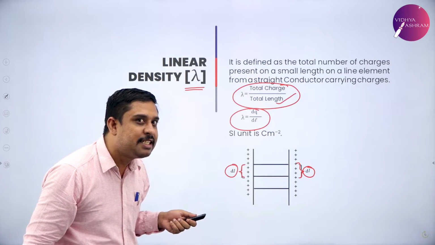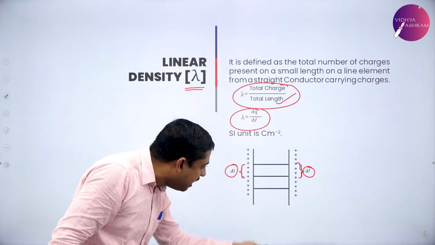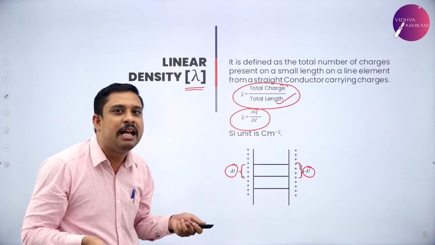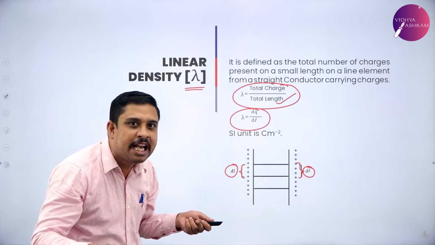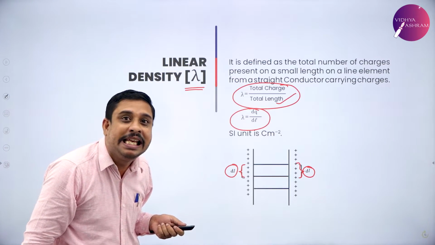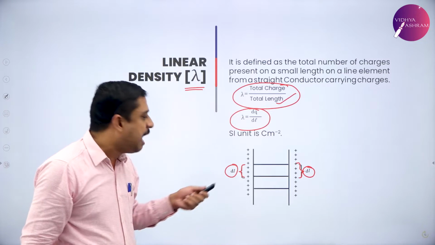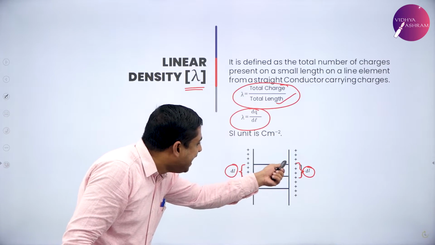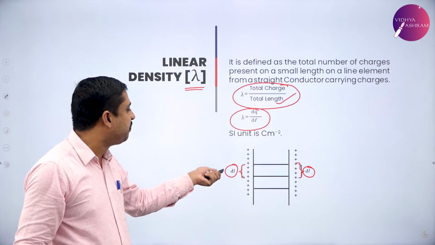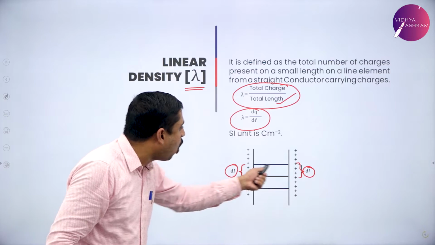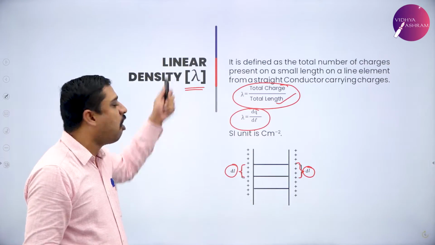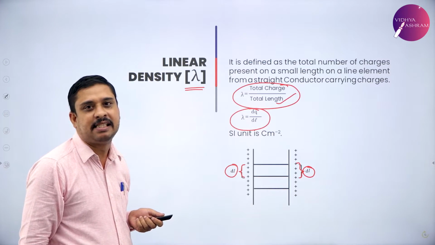I am not considering the charge in the entire length, maybe because of complications, as the length is infinite. To avoid that complication we define linear density. I have considered a small element of this wire whose length is dl, and the total number of charges on this length is what we call linear density.